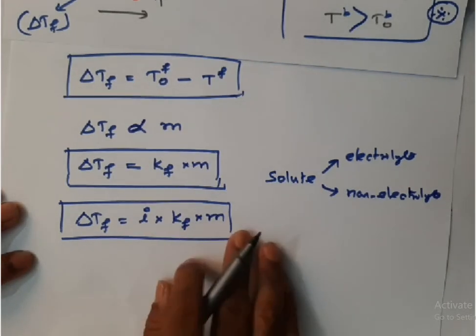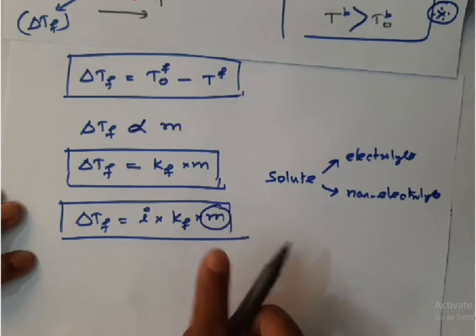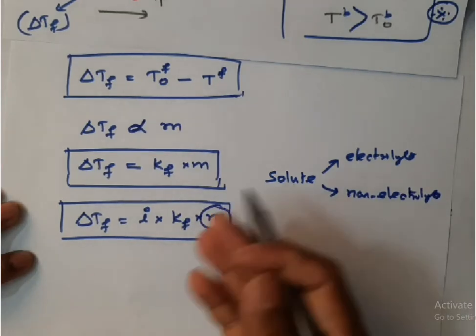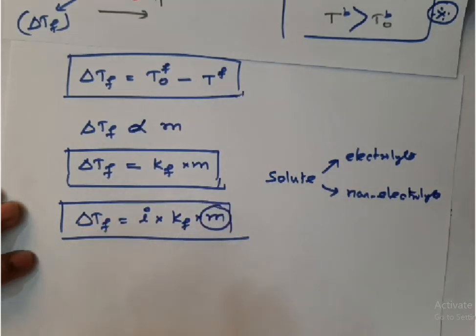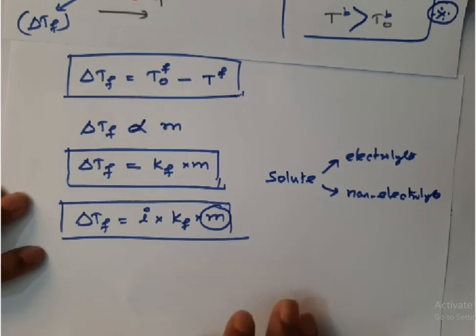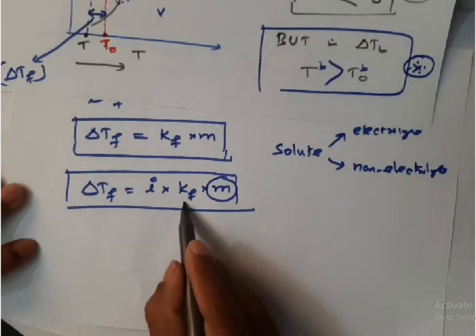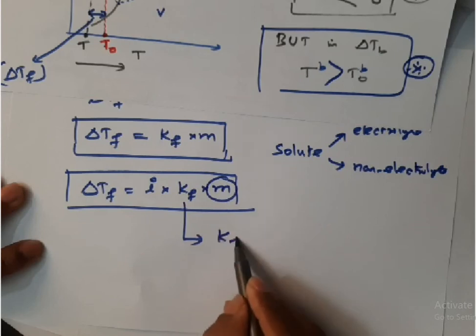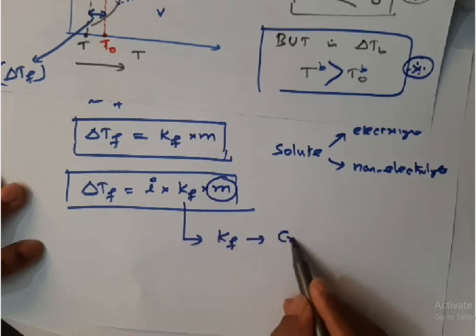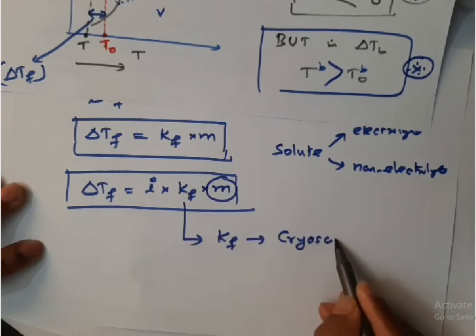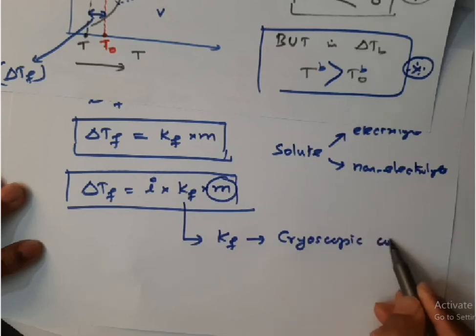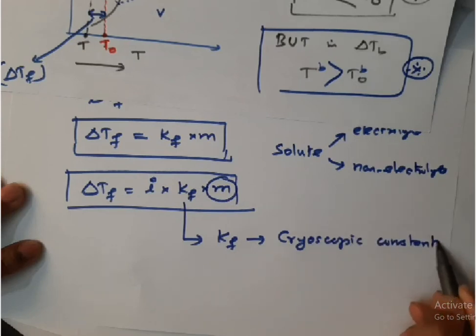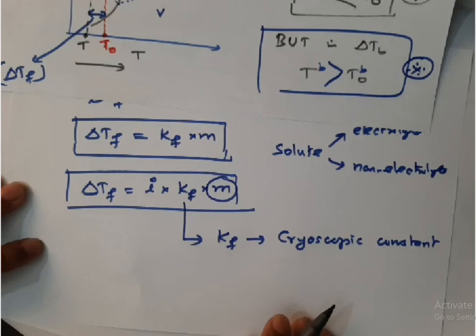So what does this indicate? It indicates that as the molality of the solution increases, delta Tf will increase. Now, what is Kf here? This Kf is called the cryoscopic constant. Kb is called the ebullioscopic constant.